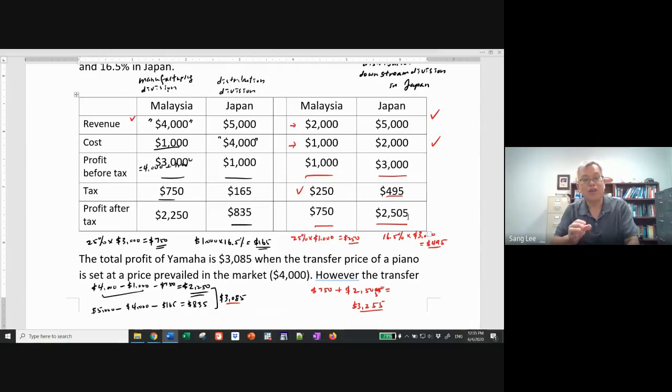So they are manipulating transfer price so the company Yamaha can shift its tax liability from high tax country Malaysia to low tax country Japan. So that way they can reduce their tax liability and as a result earn much greater profit. Okay. So that is the problem.